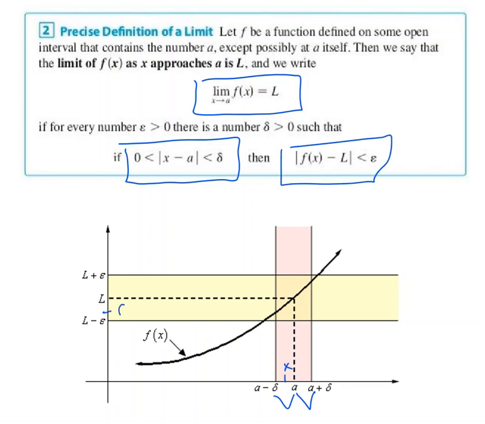Then that implies that our y value is within epsilon of L. So that's our limit minus epsilon to our limit plus epsilon. So again, what we're really saying is that if x is arbitrarily close to a, then our y value is going to be sufficiently close to L for us to say that the limit as x approaches a is that value of L.